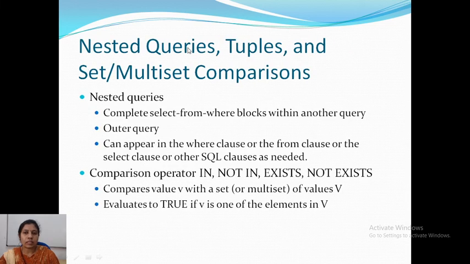Now we'll see nested queries. What do we mean by nested queries? A nested query has a complete select-from-where block, that is, a select query with a from clause and where clause, within another query. The query in which you are nesting is called the outer query.